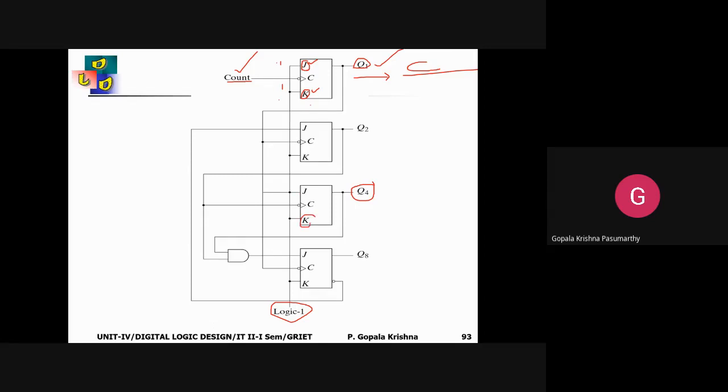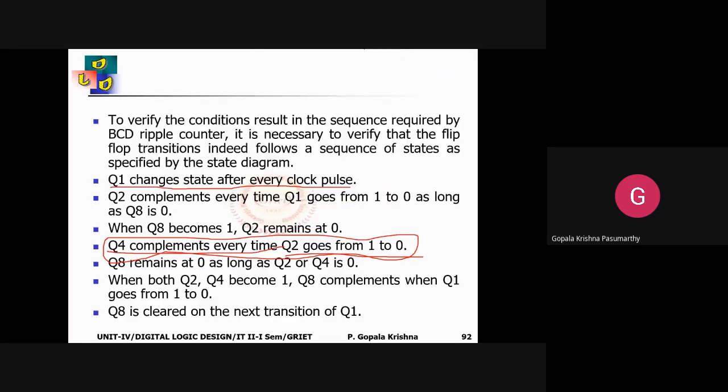K is always 1, K is connected to 1. So to complement Q4, we need J to be 1 and K to be 1. J is connected to Q1, so J becomes 1 when Q1 becomes 1. That's what I wrote here: when Q2 goes from 1 to 0, Q4 complements.